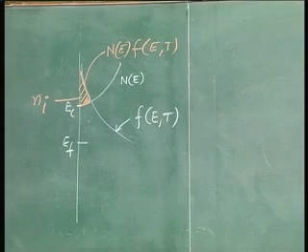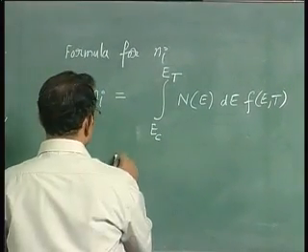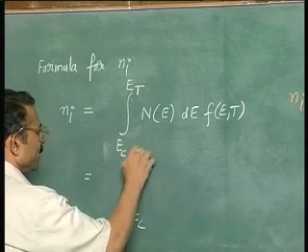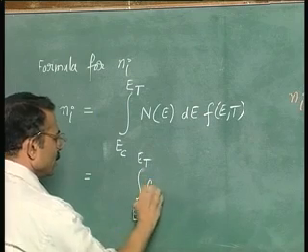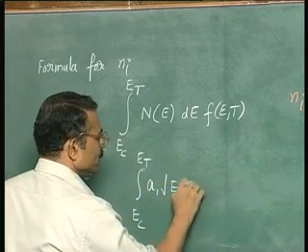Now you can substitute the various terms and your function will look something like this. So this is equal to integral EC to ET. So Ne is of the form A1 square root of E minus EC.